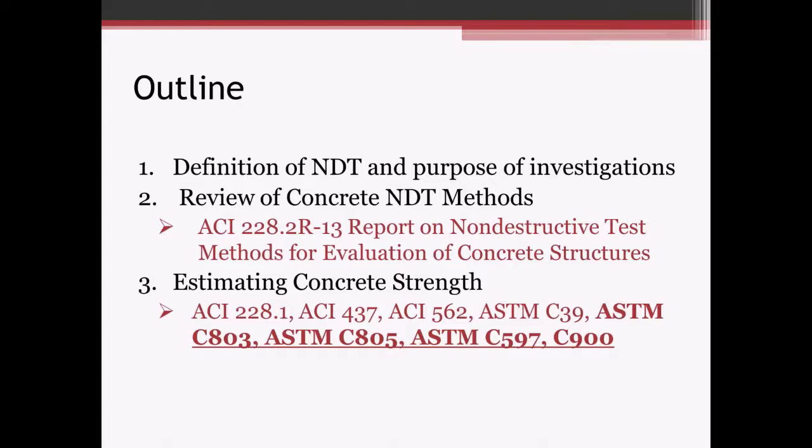And a new one I'm going to talk about today is ASTM C900, which is the test method for pull-out strength of concrete. It's not very common here in the U.S., but I thought it was worth talking about, mainly because it's got a really good correlation with the strengths you get in the field and with actual strength. So I thought it was worth discussing.